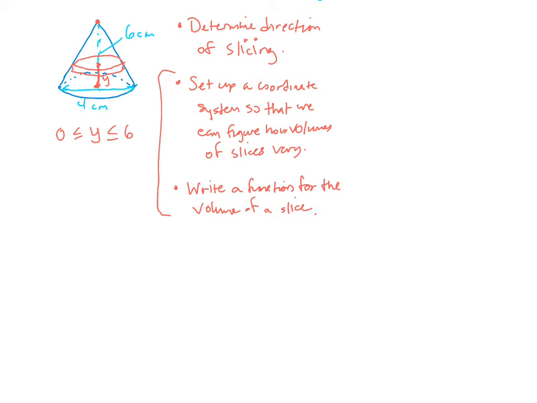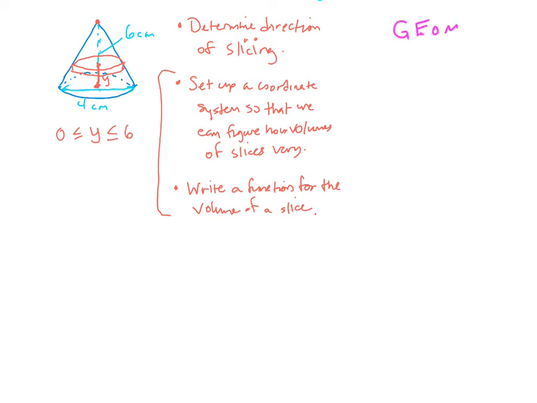And try and think about, well, if that's at height y from the bottom of the figure, then what is the width, or let's say the radius, of this slice? That's what I'm curious about.